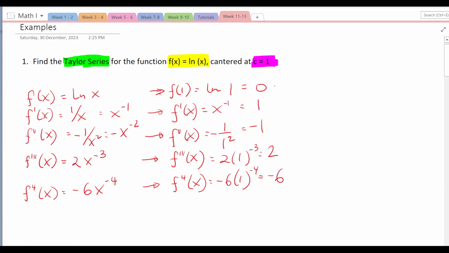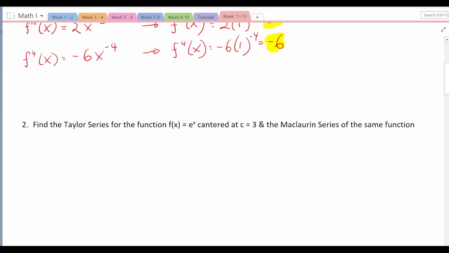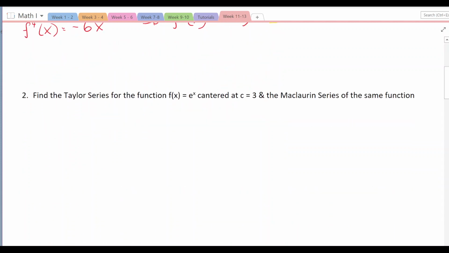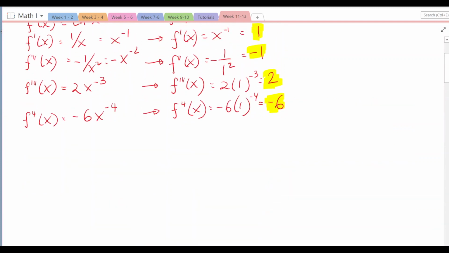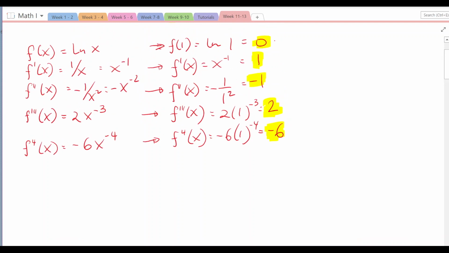So that's the coefficient. Those are our coefficients. Let me just highlight it in yellow to make things clear. And then we are ready to put them in the Taylor series expansion using the formula. So if you remember the formula, our function was ln x.